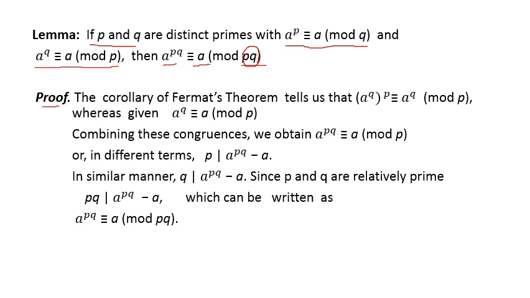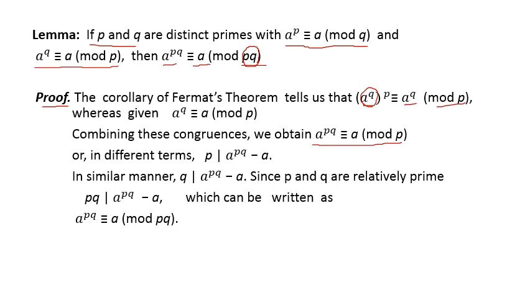How does the proof go? We will use Fermat's theorem. In the place of a, you consider a^q. So (a^q)^p is congruent to a^q modulo p, which means a^pq is congruent to a mod p.